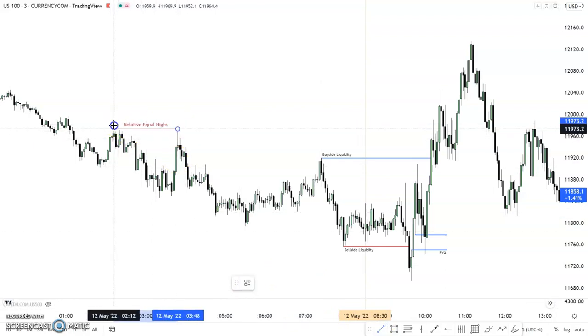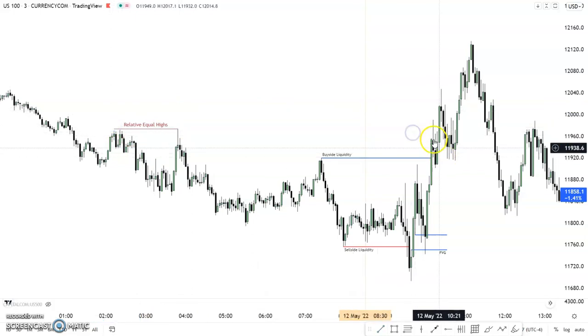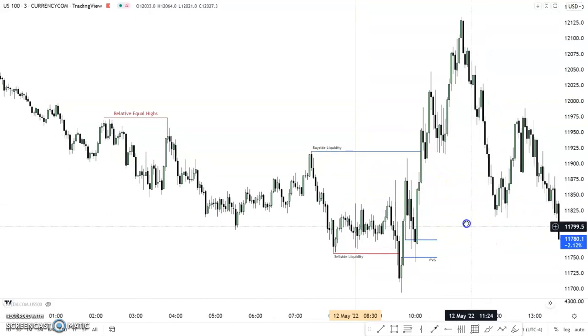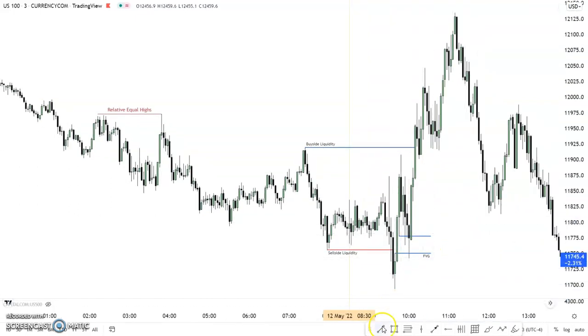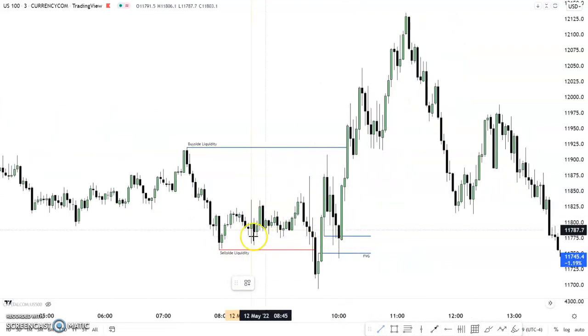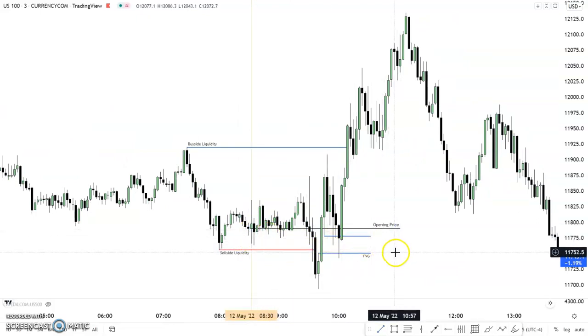So you could have used that as your take profit. And also not forgetting the opening price right here, that candle. So that was a lovely trade.